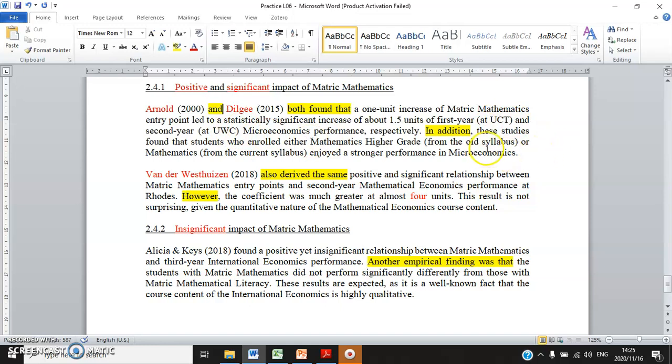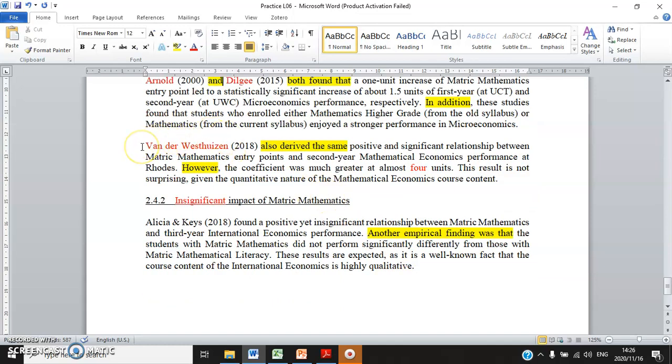In addition, you see the linking words, in addition, or you can use moreover. These studies found that students who enrolled in either maths higher grade from the old matric curriculum or maths from the current syllabus, I think you have maths or maths literacy in the current syllabus, enjoy a stronger performance in undergraduate microeconomics.